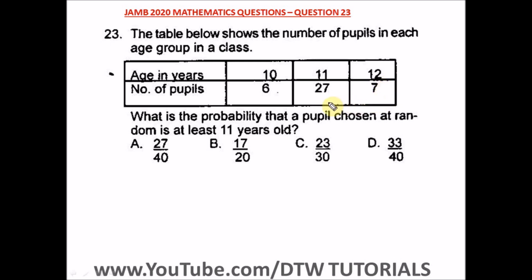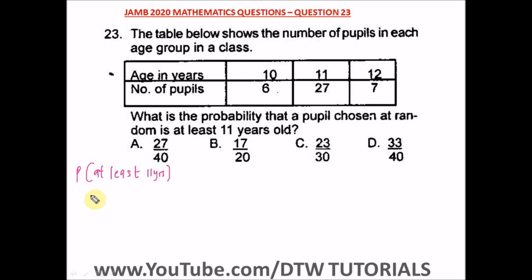They want us to find the probability that a person chosen at random is at least 11 years old. So we are finding the probability of at least 11 years old.